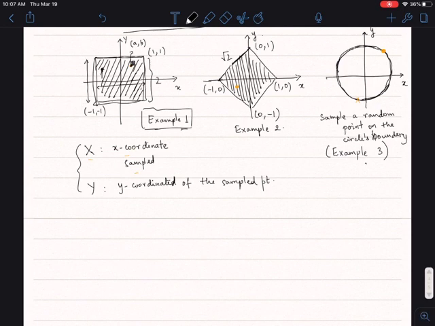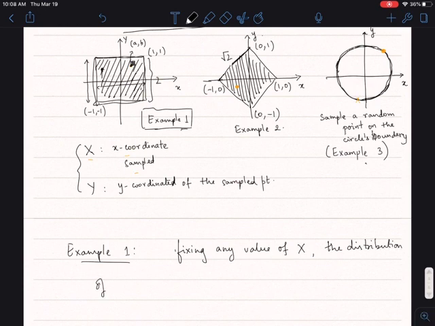So in example 1, fixing any value of x, the distribution of y is still the uniform distribution over minus 1 to 1.